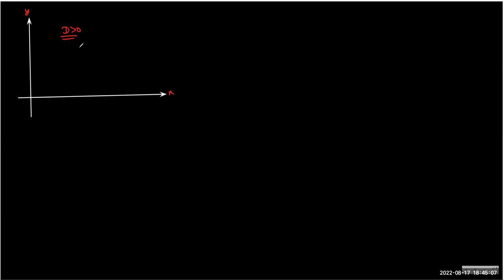One answer, two answers, no answer. How many roots will we have? So we will have real and distinct roots, right? Yes, real and distinct, which means two separate values.